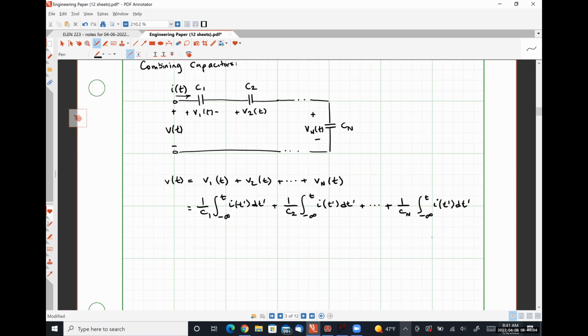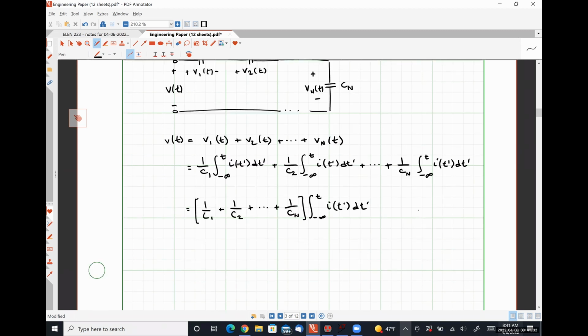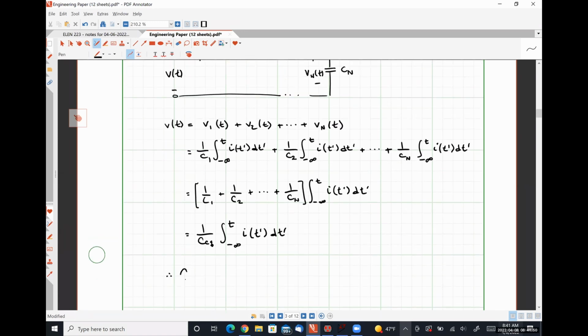Since all of those integrals are representing literally the exact same thing, we can treat this as 1 over C1 plus 1 over C2 plus all the way out to 1 over Cn of the integral from negative infinity to t of I of t prime dt prime, or 1 over the equivalent capacitance times the integral from negative infinity to t of I of t prime dt prime, which means the equivalent capacitance is the reciprocal of the sum from i equals 1 to n of the reciprocal of the capacitance values.